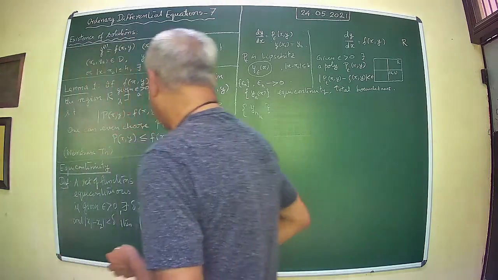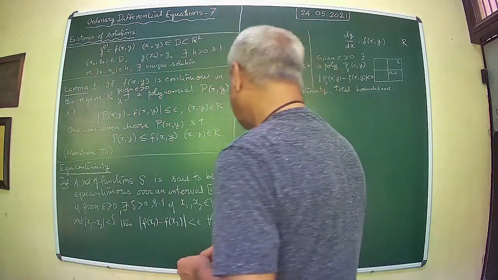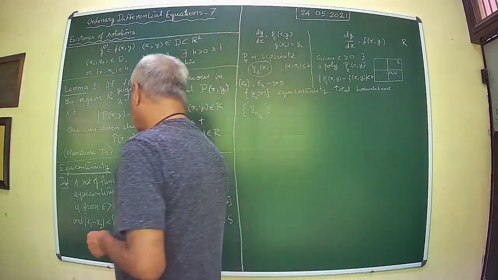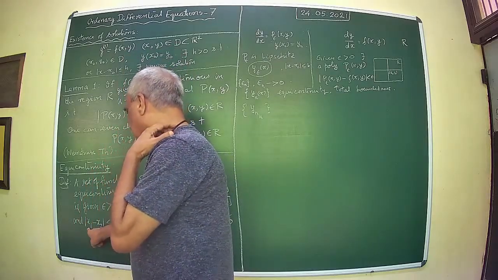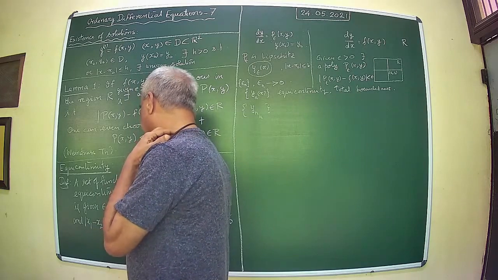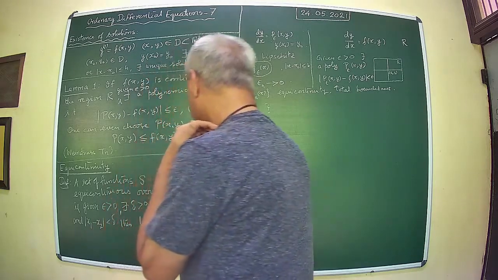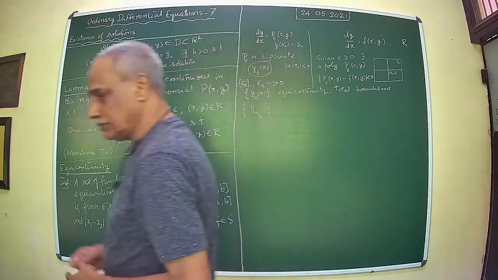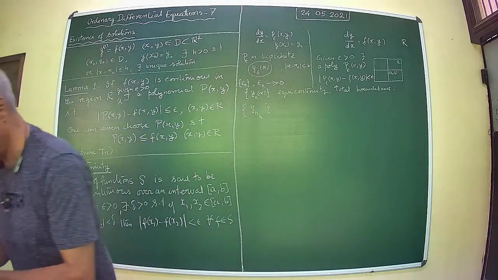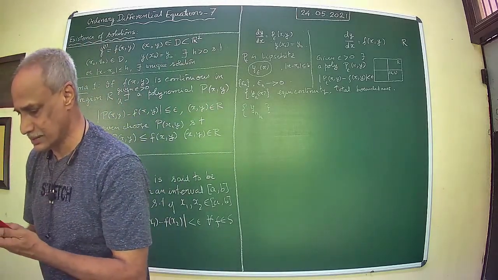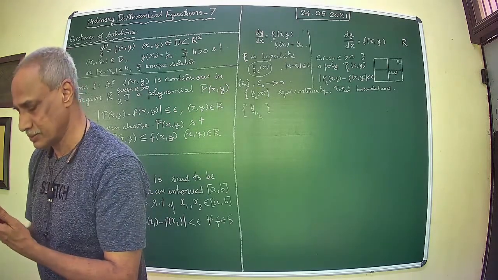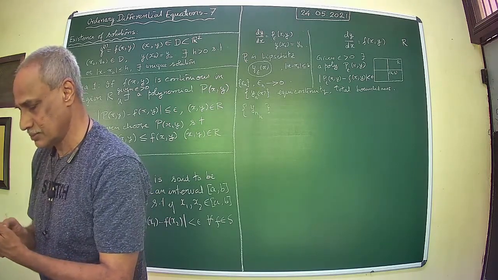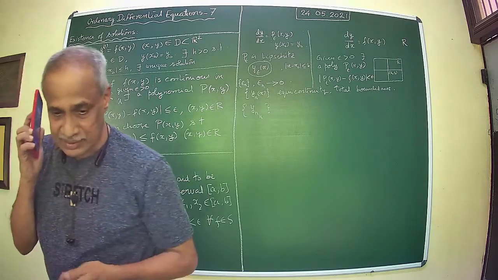That is, given epsilon, there exists a delta such that for modulus of x1 minus x2 less than delta, yes, please, did you say something?